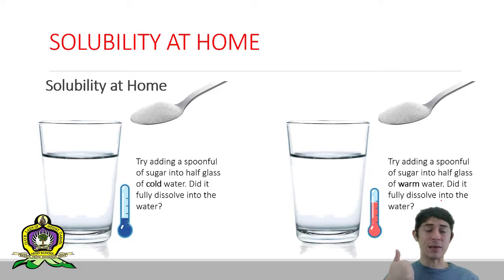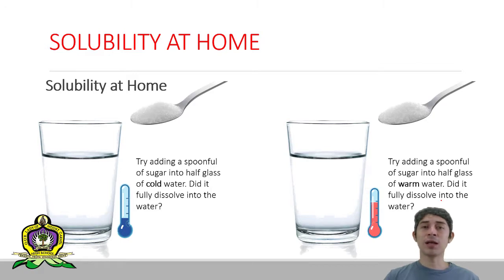I'm using the same quantity of water, I'm using the same quantity of sugar, but why is it that the sugar does not dissolve into the cold water? And why is it that it dissolves in the warm water? Well, this illustrates that temperature affects the solubility of a substance.